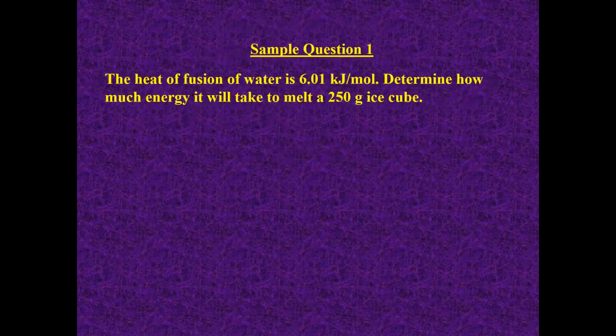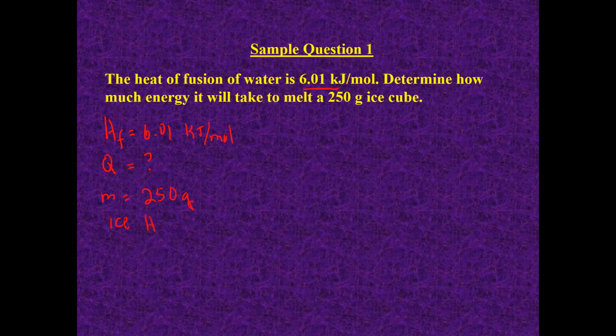Okay, so the heat of fusion of water is 6.01 kilojoules per mole. Determine how much energy it will take to melt a mass of 250 grams of ice.